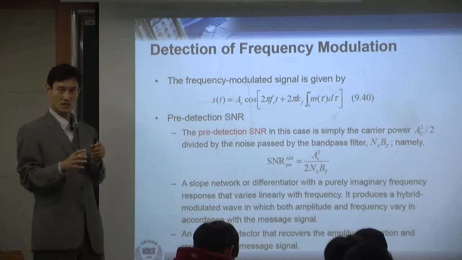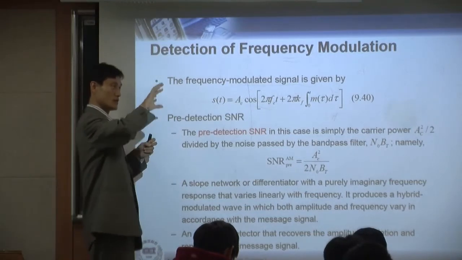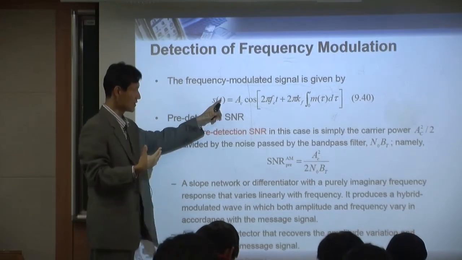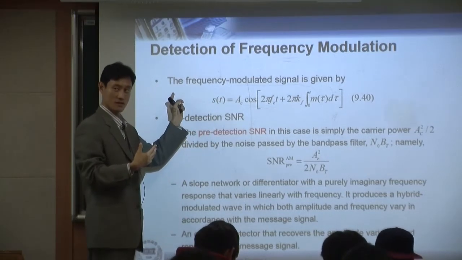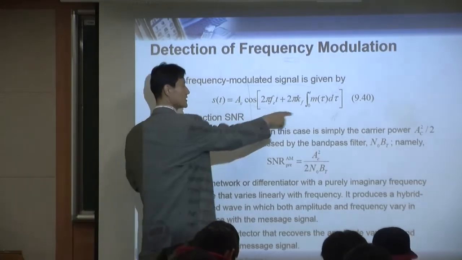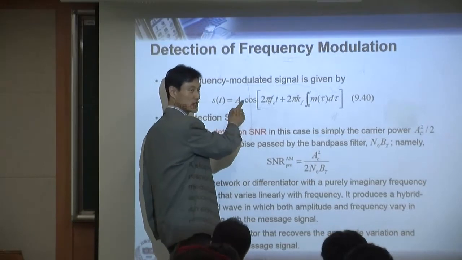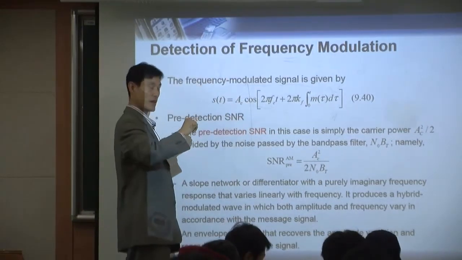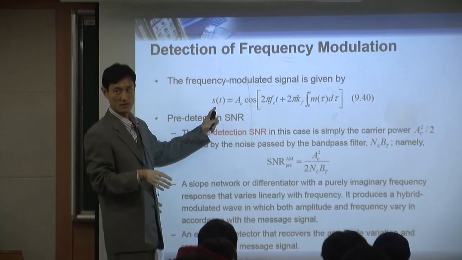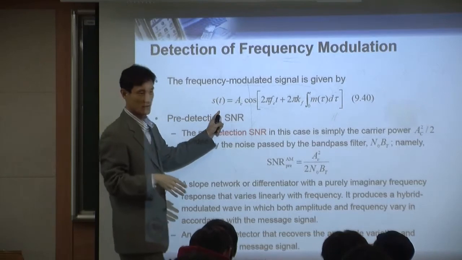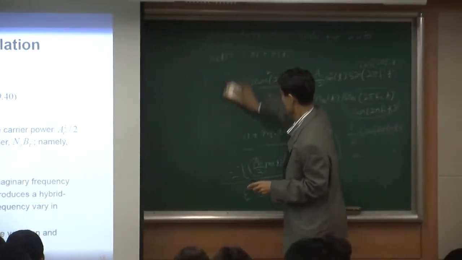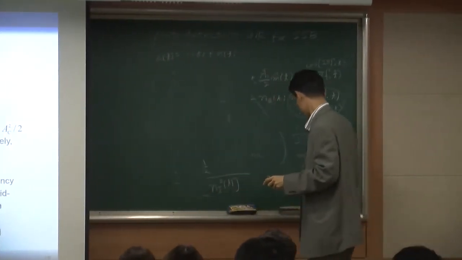Now the pre-detection is that you just grab the signal over the air and then square, and expectation, right? That's what you need to do. So what is the average power of this? This is a signal over there. So grab this and look at the average power. Maybe you are thinking this is a very complex one.